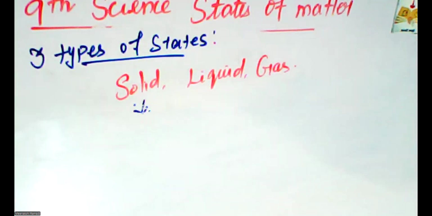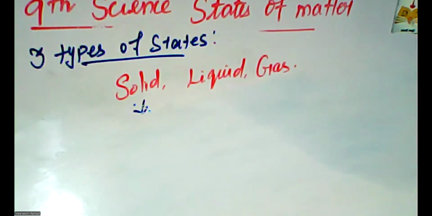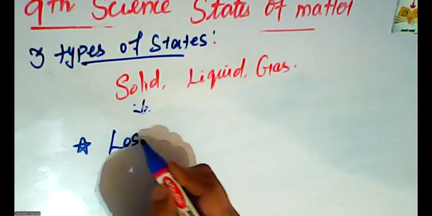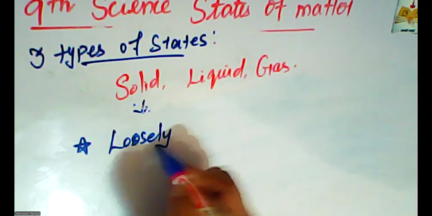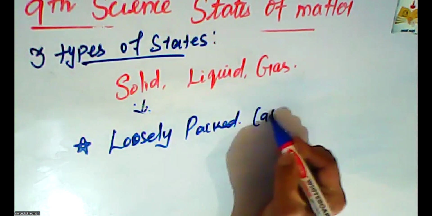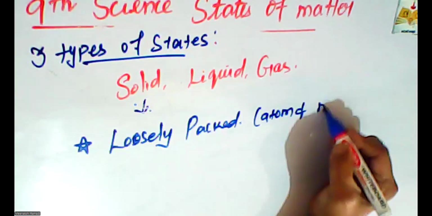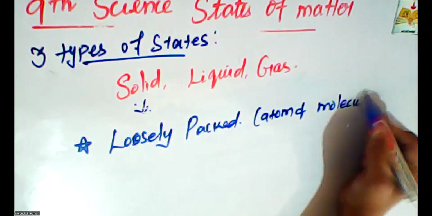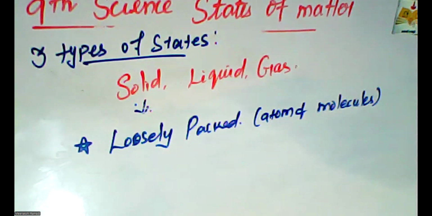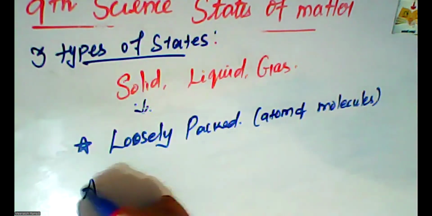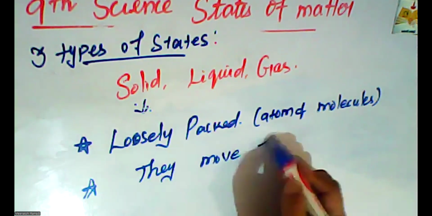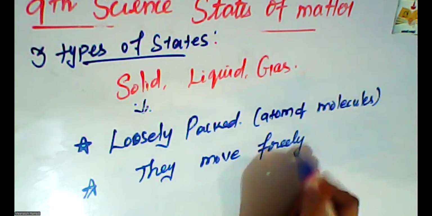So what are the properties? First thing, the liquid state particles are loosely packed. That is, atoms and molecules are loosely packed in the liquid state. So they move freely in that area.